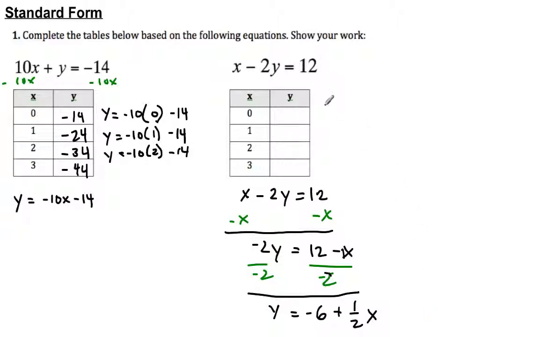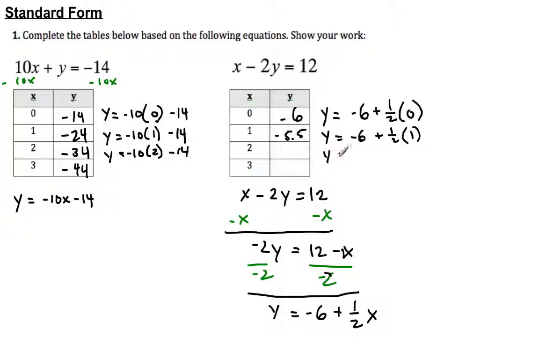Okay, to show our work here, we want to find y is equal to negative 6 plus 1/2 times 0. Well, that gives us negative 6. Then y is equal to negative 6 plus 1/2 of 1. 1/2 times 1 is 1/2. Minus 6 gives us negative 5.5.